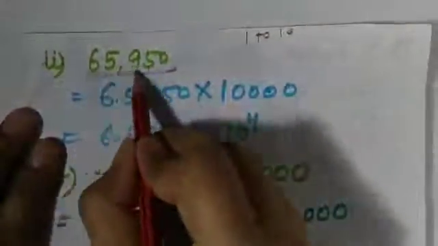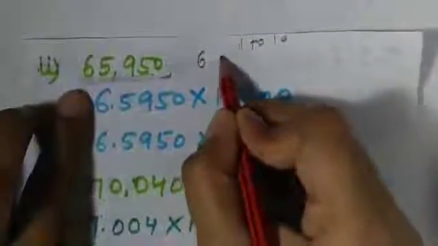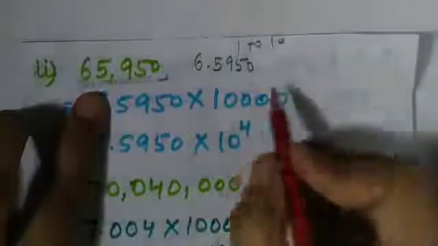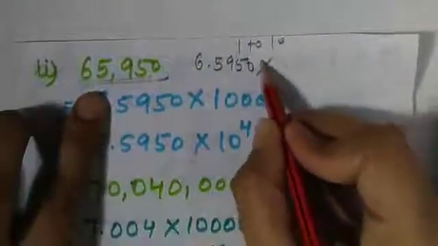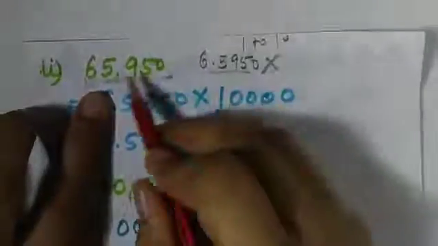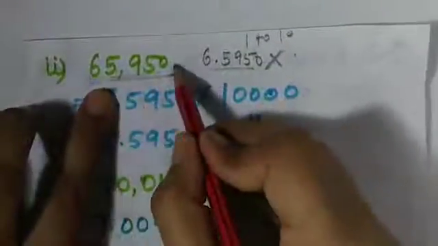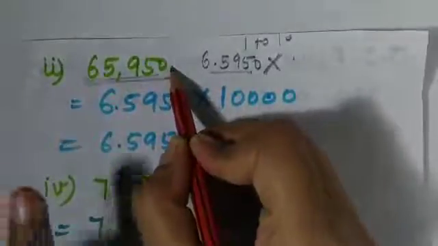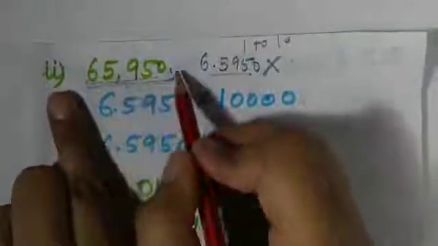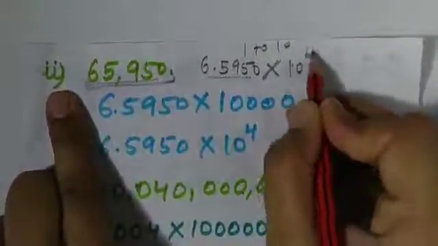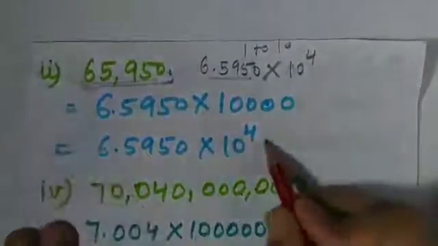So it will be 6.5950, and by which power of 10 should it be multiplied so that I get the same number? Here the point is shifted to the left, and how many places? 1, 2, 3, 4. So it should be multiplied with 10 to the power 4. Okay, so this is the standard form.